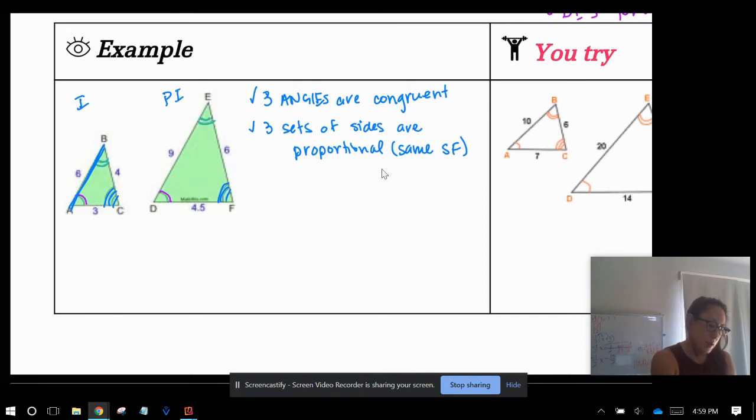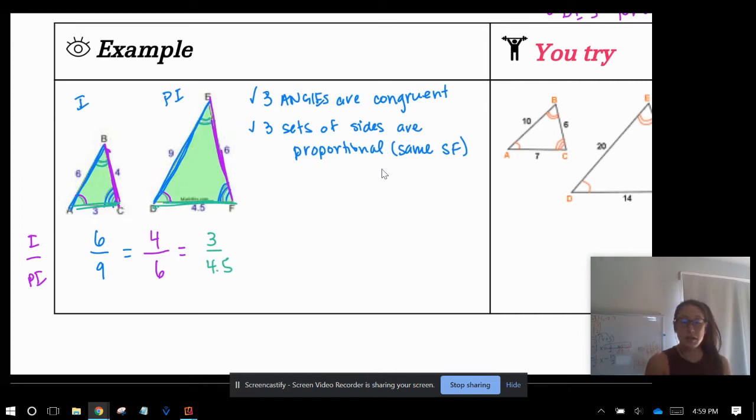Between D and E, those sides are corresponding. So I have 6/9. We're going to hopefully say that that is proportional to BC from the image. We'll do image over pre-image. So a length of 4/6. And then lastly, a length of 3/4.5.